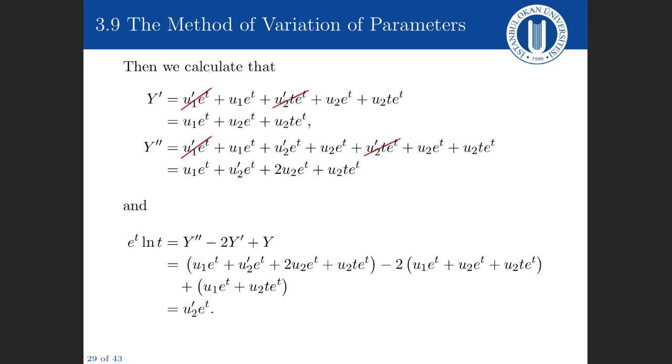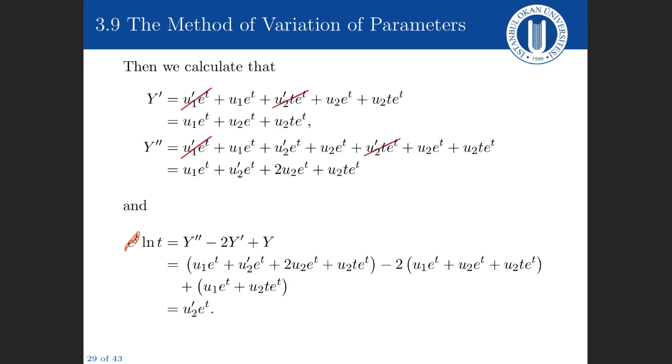All of the u1 terms should cancel out. The u2 terms should cancel out. We might get some u1 prime terms and we might get some u2 prime terms. For this example, we get just a u2 prime term. e to the power t ln t must be equal to u2 prime e to the power t.